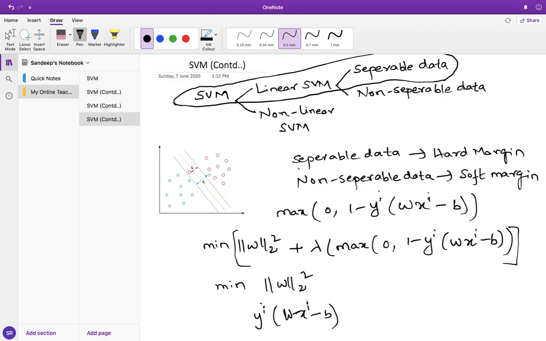Earlier it was greater than 1, here we will have greater than or equal to 1 minus epsilon i. And it's not just this; you can't take some random big values or low values of epsilon i, you are constrained on the epsilon i values also, so we want to minimize those epsilon i. So minimize the summation over i.